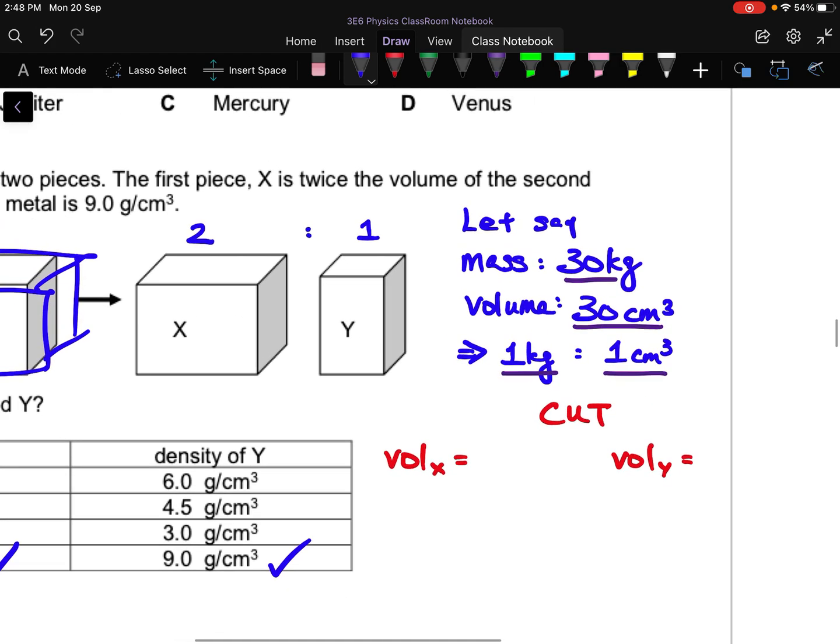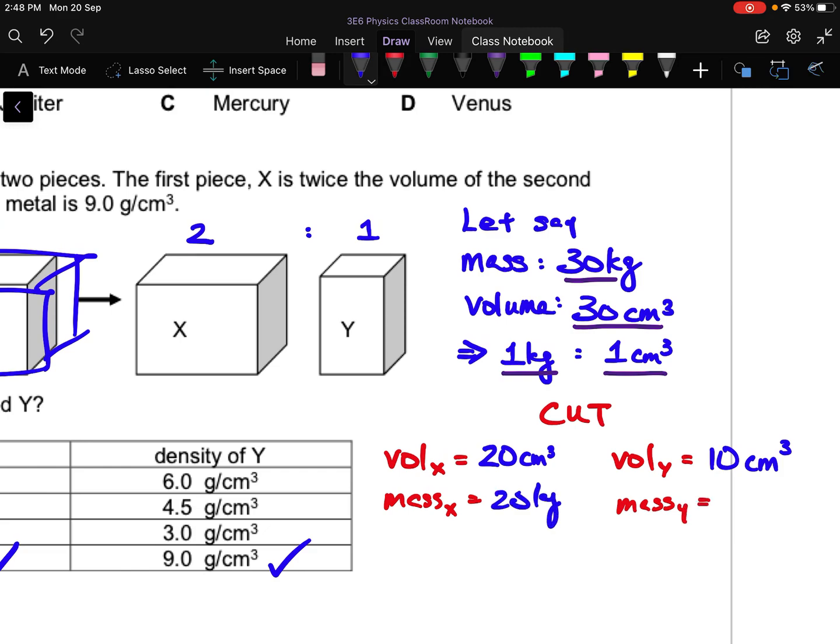This means that the volume of X will be 20 cm cube, and the volume of Y will be what remains, 10 cm cube. Since each cm cube is 1 kg, the mass of X and the mass of Y will be 20 kg and 10 kg respectively.